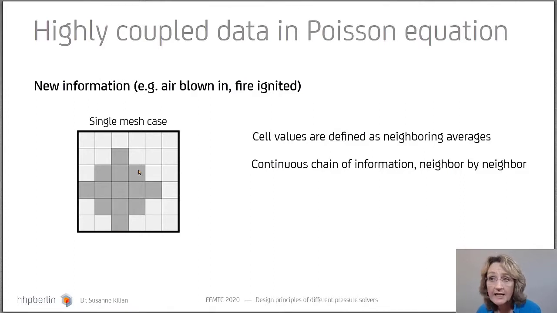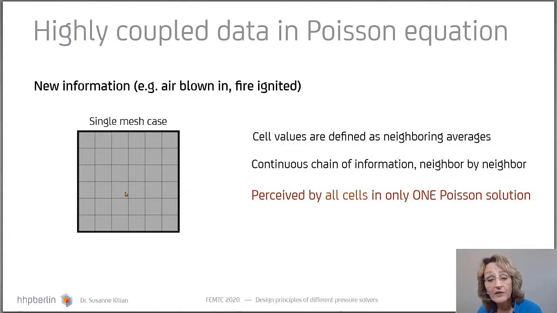And so on until the boundary has been reached. And what's very important to note here is that this all happens within one single solution of the Poisson equation, which means that new information is spread immediately through the whole domain. Every single cell immediately feels and sees this new information.